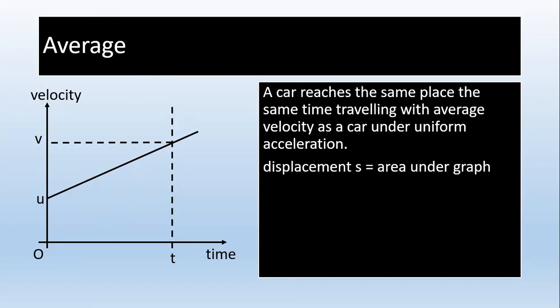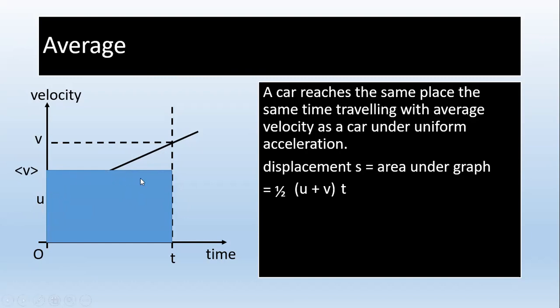So displacement is the area under the graph. So it's half u plus v times t, or the area of the trapezium. The idea of average velocity or average speed is that you travel at a constant speed and you reach in the same time.